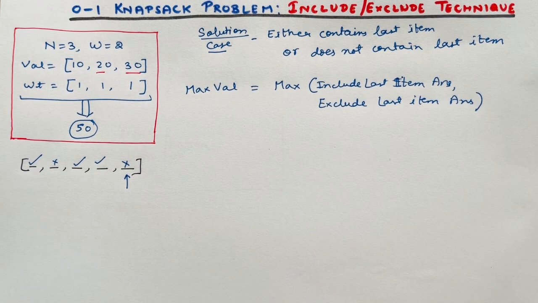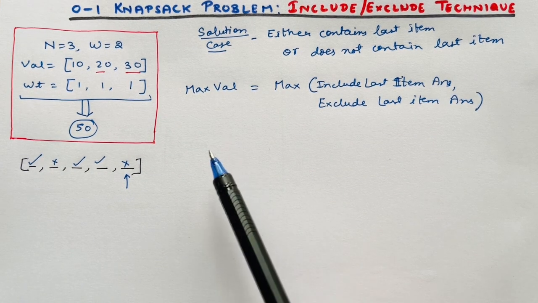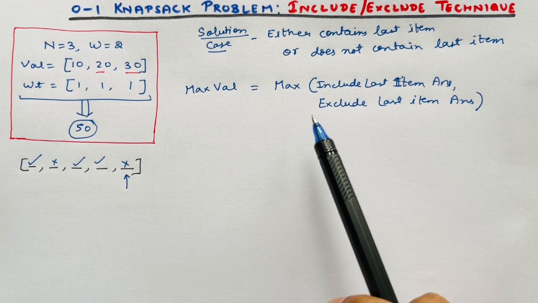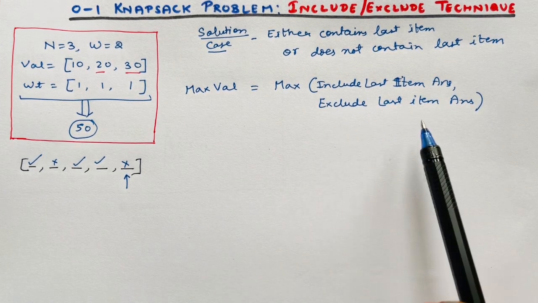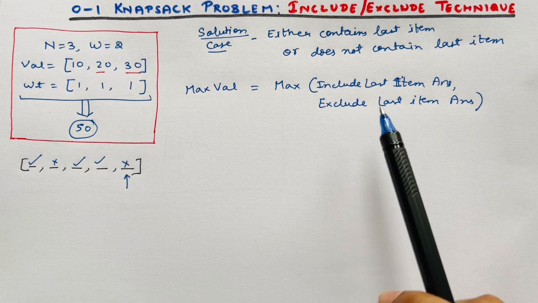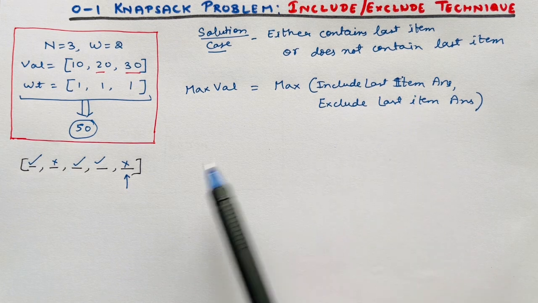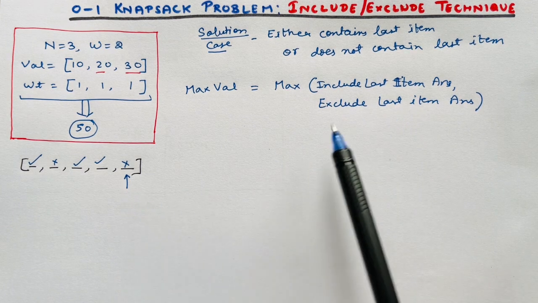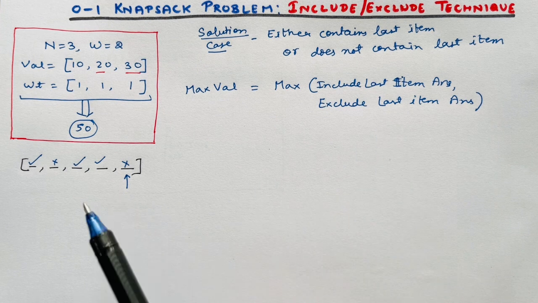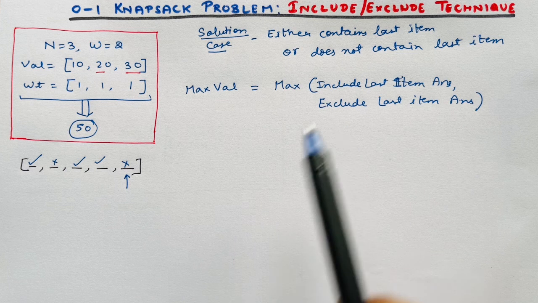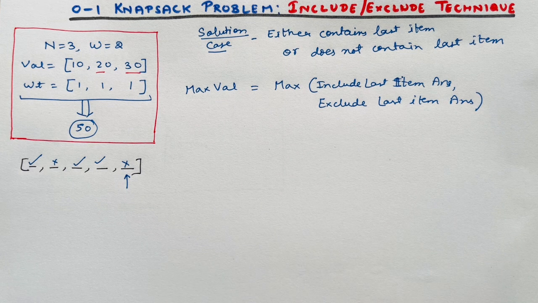So, the max val that we are looking for is the maximum of the include answer and the exclude answer. Include answer meaning we have picked the last item, and exclude answer meaning we have not picked the last item.